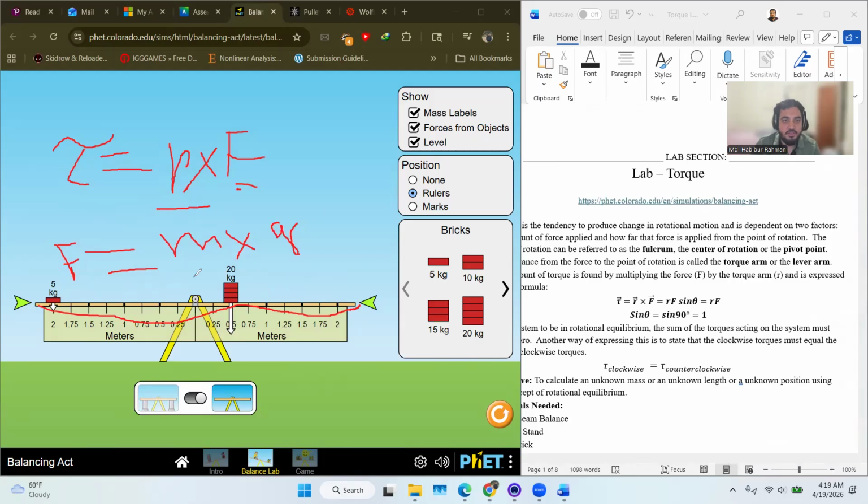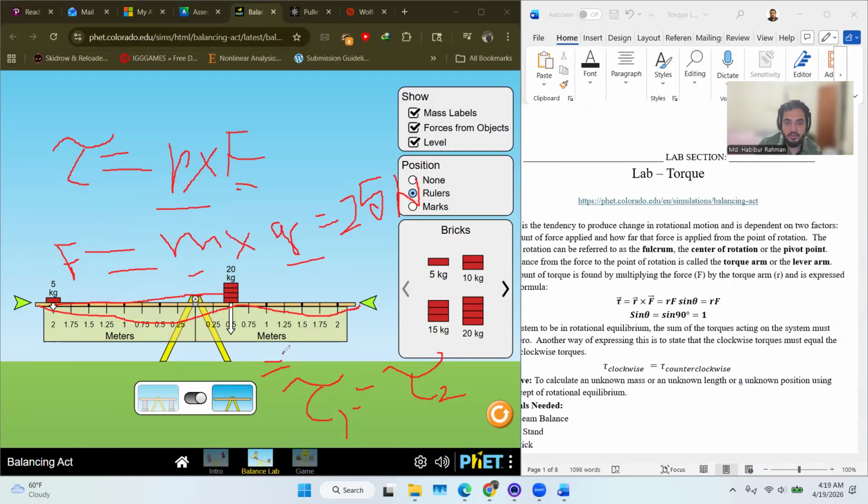Mass is 5 kg times gravity 9.8 for Earth. All of you know already in this class, 9.8. So the force will be 5 times 9.8, it's almost 25 Newton. The unit for force is Newton. So this side and this side are supposed to be equal: the torque on the right hand side equals the torque on the left hand side.